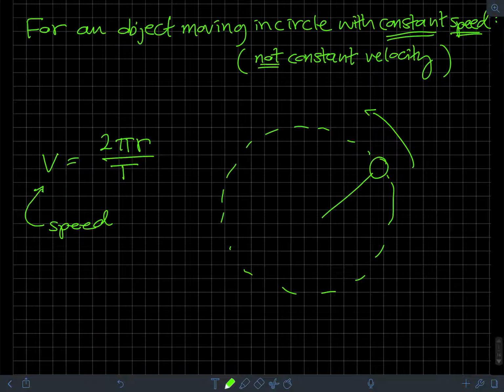Pause now. The answer is that velocity involves not only the magnitude, but also the direction, so the velocity is always changing because the direction is always changing. As we move around the curve, the direction that we move keeps changing.